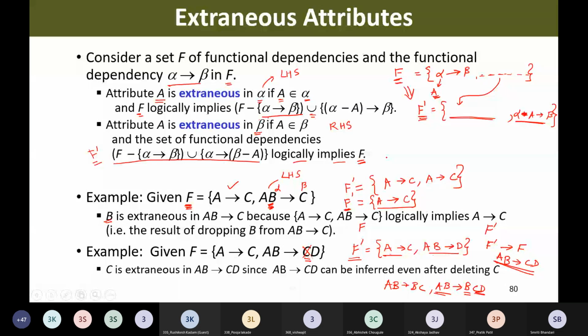We are trying to find out the extra attributes either in LHS or RHS. And we are having simple tests for that. How to determine that the attribute is extraneous in LHS?